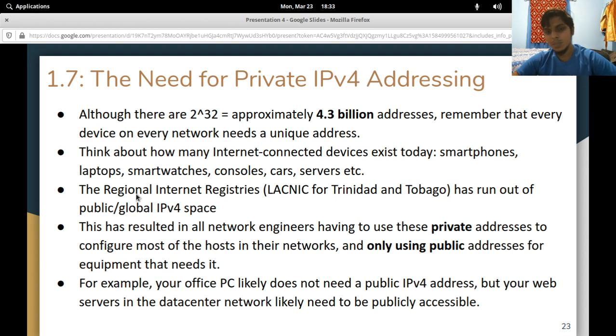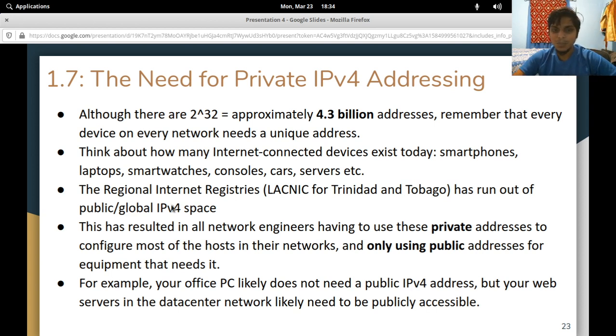And some people go on the black market and buy addresses between themselves, and there are a bunch of other ways people are trying to get back addresses. But by and large, we are out of addresses, and those things are just stopgap measures. So eventually we're going to need a bigger address space, which is where IPv6 comes in.